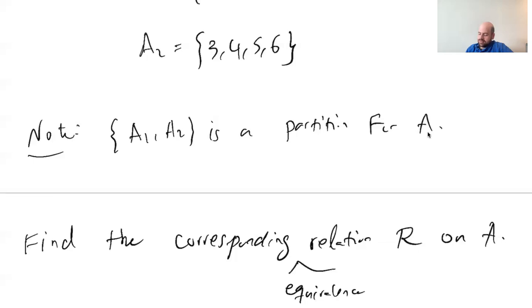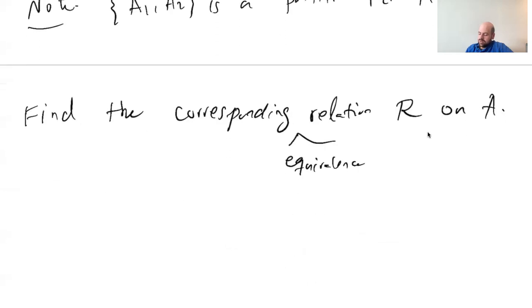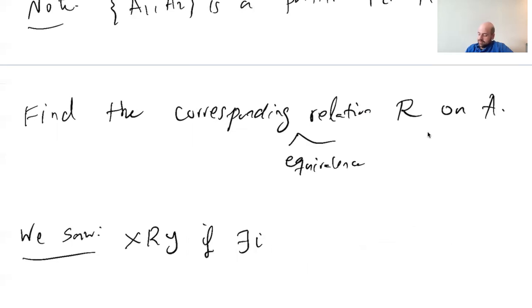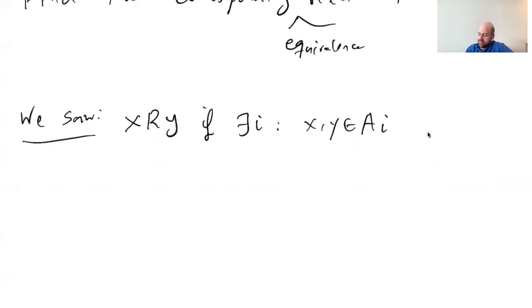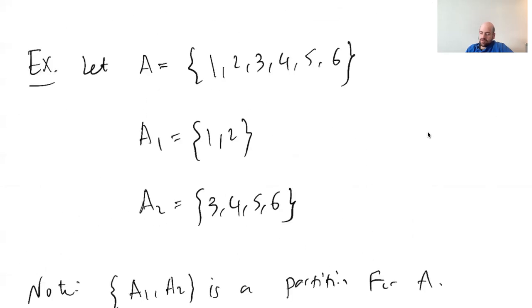How did we define this type of equivalence relation? We saw above that X is in relation with Y if there exists some index I such that X and Y both in AI. So here, A1 is {1, 2}. So let's look at the elements of R. For example, (1,1) must be in R because 1 and 1, both of them are in A1.